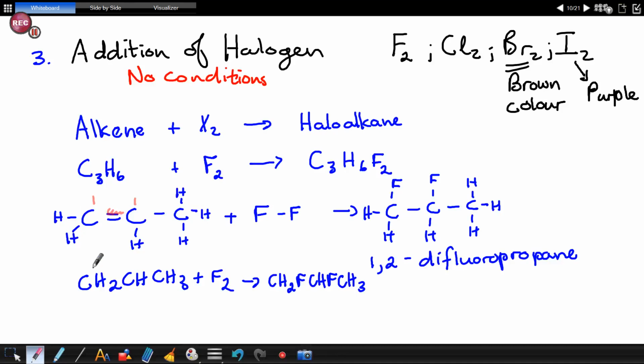And this reaction is halogenation. So the first one was hydrogenation, then we get hydrohalogenation, and now we've got halogenation, addition reactions.